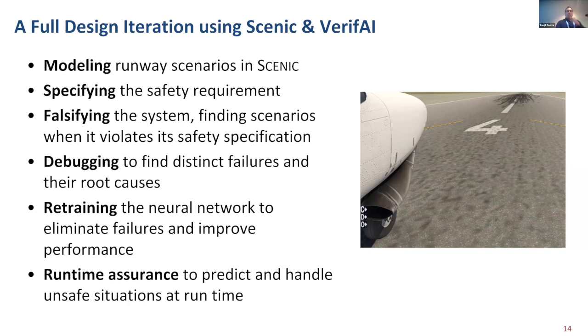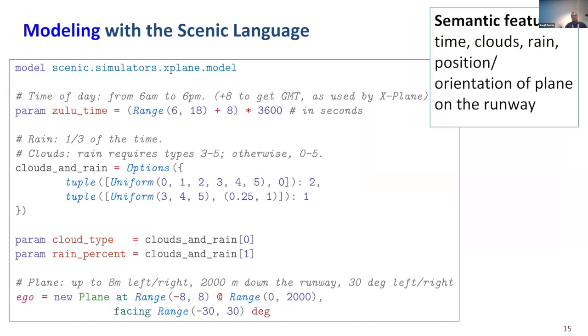Okay. So let me go through each of these steps. So step one is modeling with SCENIC. And let me move this box out of the way. So our collaborators at Boeing told us that the environment is pretty straightforward. The only thing that changes is the time of day, which can be anytime between 6 a.m. and 6 p.m. So that's what you see modeled in that line, Zulu time.